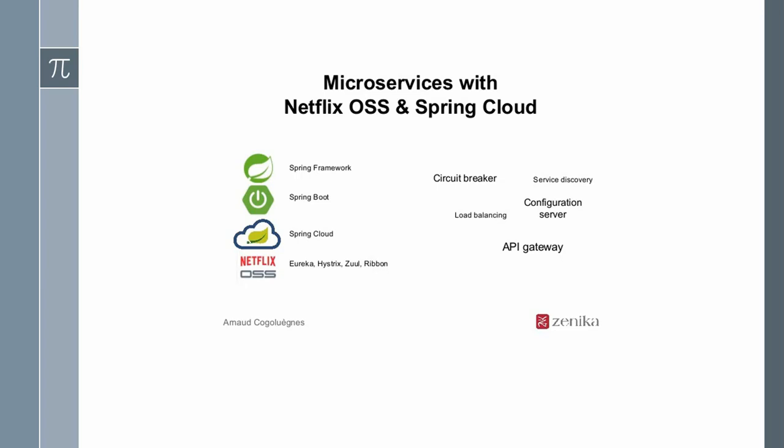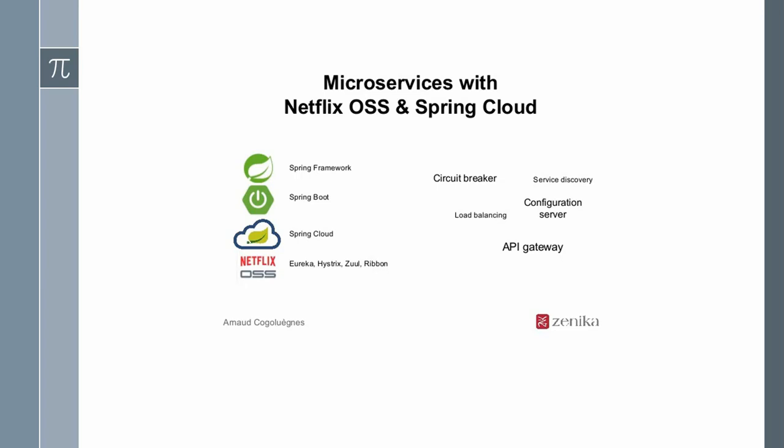And in the right part of this slide, you see, for the sake of overview, circuit breaker, service discovery. For example, for service discovery you can use Netflix Eureka. Configuration server, load balancing: for load balancing you can use Ribbon, and for API gateway you can use different kinds of API gateways.